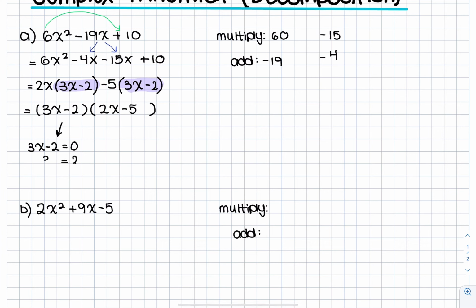So 3x equals 2. And then we're going to divide that 3 out, so we're going to have x equals 2 over 3. Same idea over here. We have 2x minus 5 equals 0. We're going to bring that 5 over, it becomes positive, so we have 2x equals 5, and x equals 5 over 2.